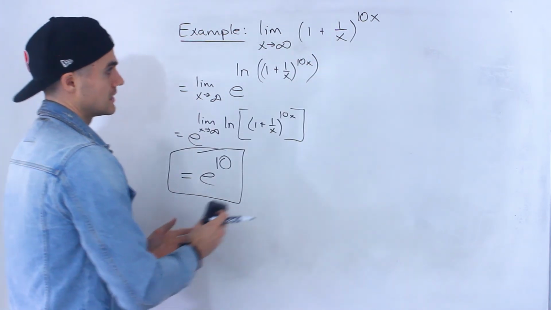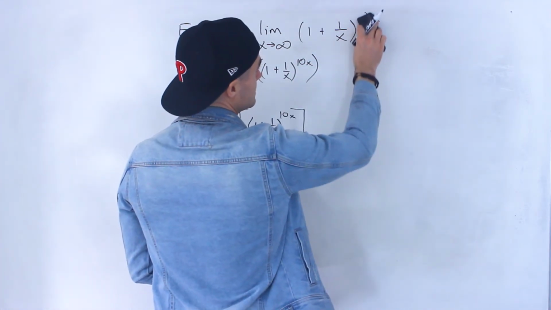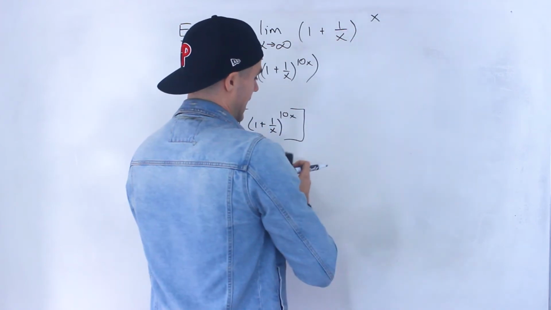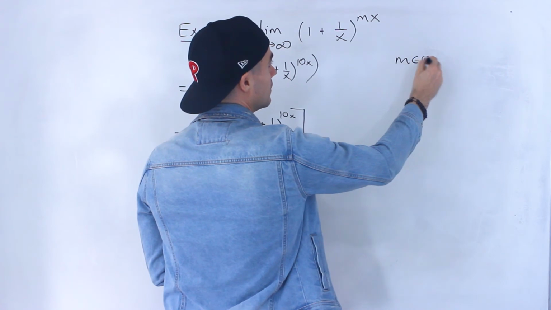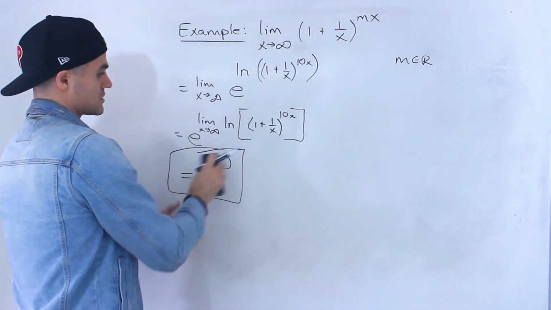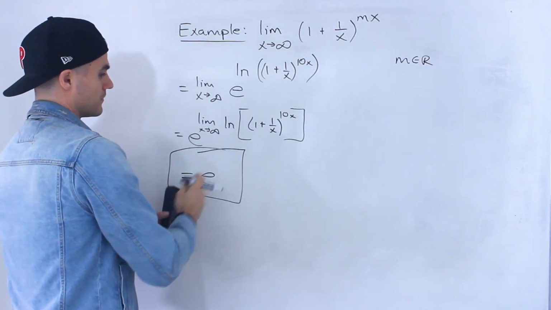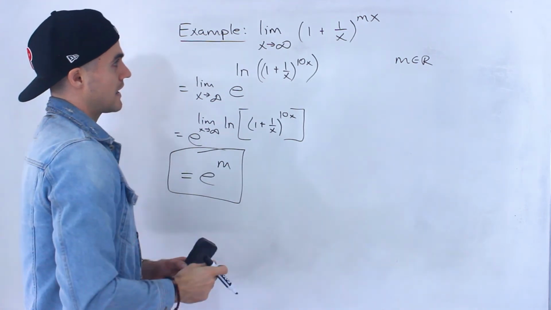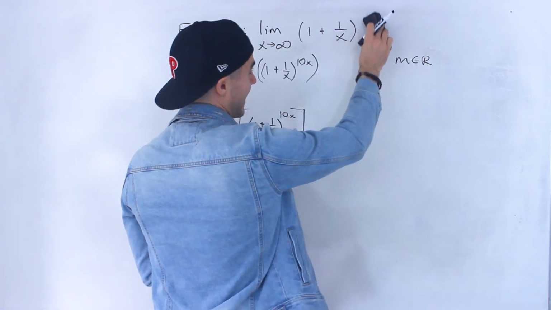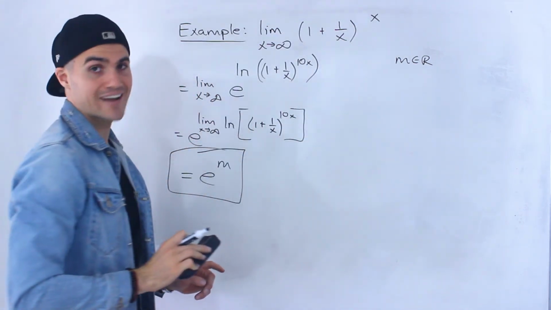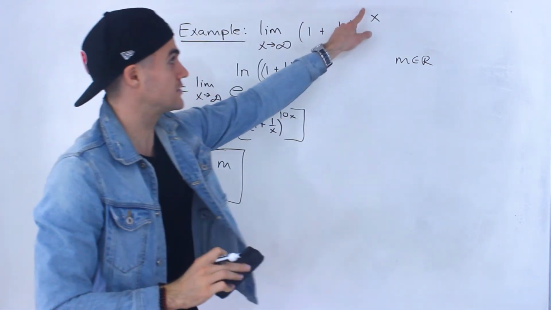In fact, whatever number this is, we could convert this to an m, let's say, where m is just any real number. And the limit of that is always going to end up being e to the power of m. In this case, it was 10, but that could be anything. Another popular limit you'll sometimes get is where that m is 1, where you'll just have an x there. So there's like an imaginary 1 there.